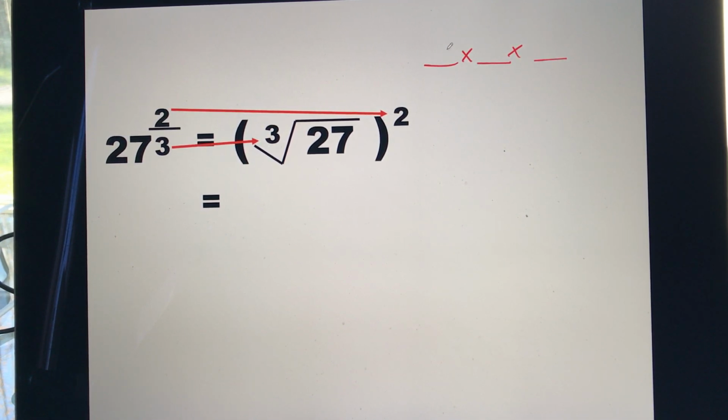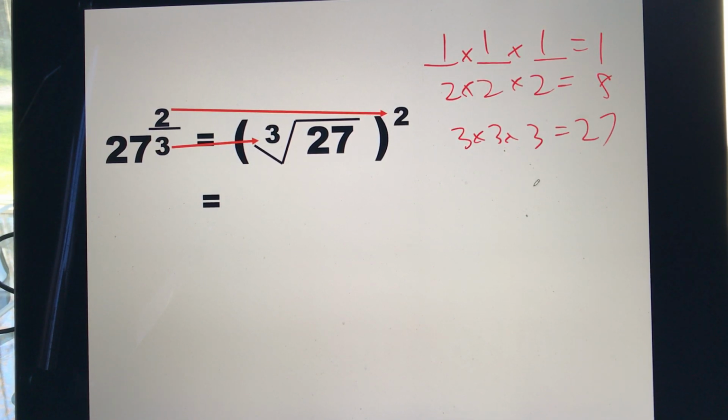I could try 1: 1 times 1 times 1 is 1. No. I could try 2: 2 times 2 times 2 is 8. No. I could try 3: 3 times 3 times 3, yes, is 27. So the third root of 27 is 3. And then 3 squared, of course, is 9.